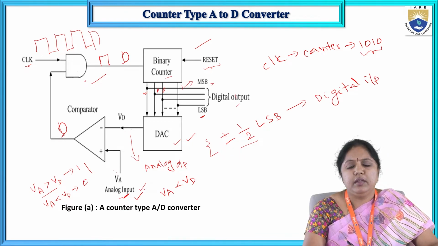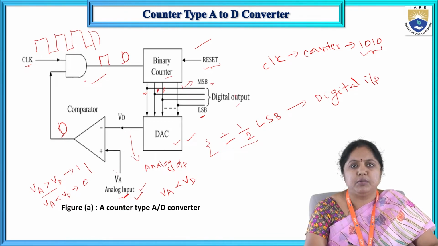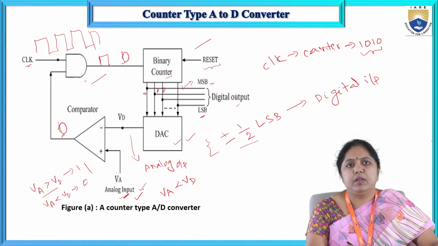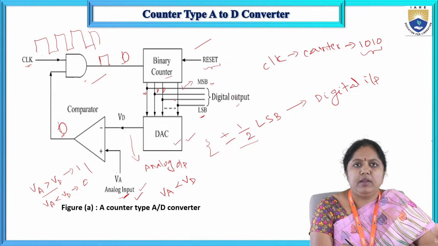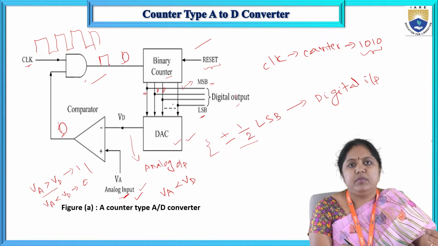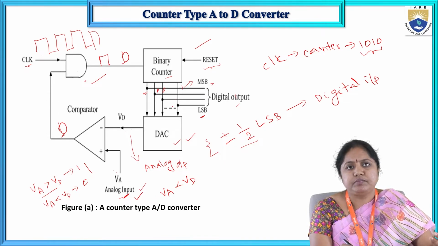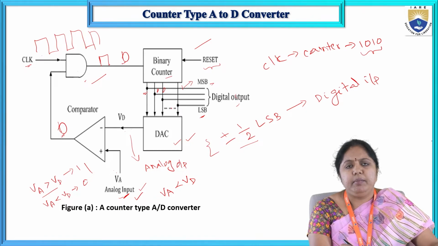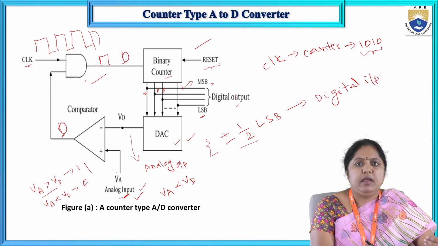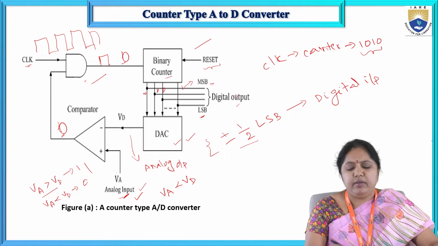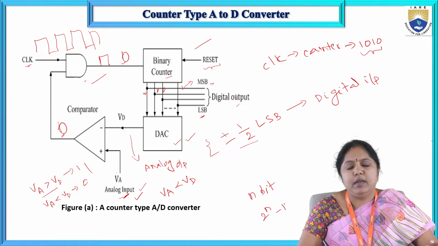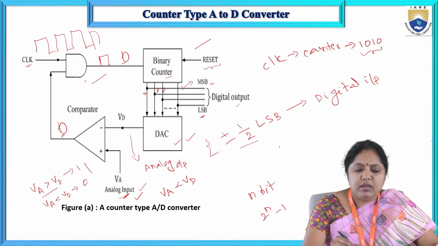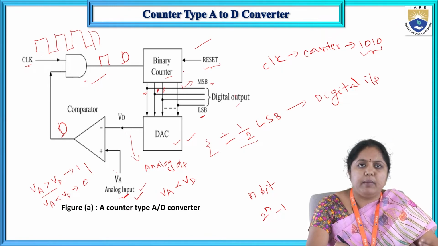Right? So here, for this conversion process, whatever the analog input signal is, the binary counter will start counting from 0. Suppose it is an n-bit, meaning the analog input signal has an equivalent digital value of n bits. At that time, it will count up to 2 power n minus 1 clock pulses.